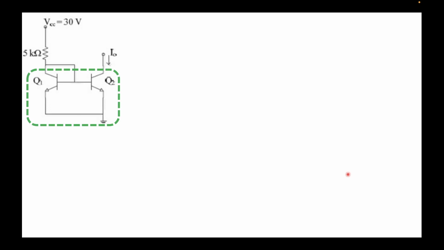Now coming back to our problem, this was the circuit diagram given to us. Now look in this green rectangle that we have, and just focus on Q1 and Q2 transistors. We were given that they were identical transistors, right? The problem stated that they were identical. What do we mean by identical? We can make a few comments: the doping for all three regions, the doping of let's say E1 equal to E2, whatever the doping is.